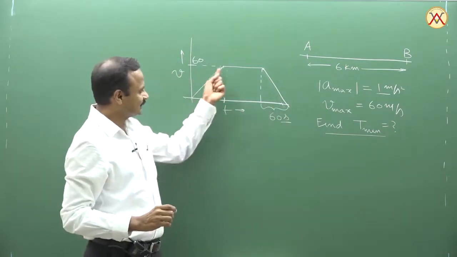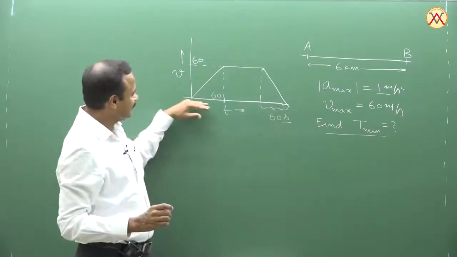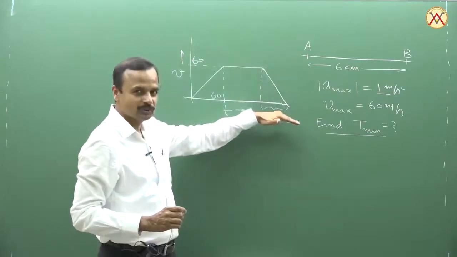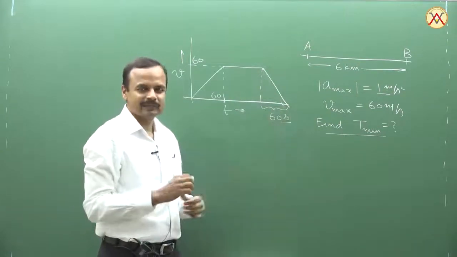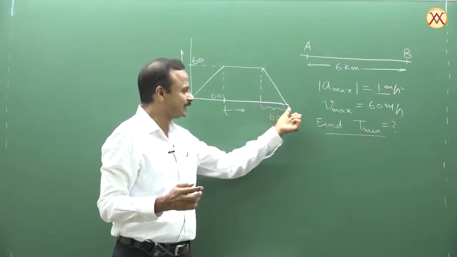Because the magnitude of acceleration, magnitude of retardation are same, and the velocity range is same, 0 to 60. Here it is coming from 60 to 0. The time taken will be same. If you want, you can again use first equation of motion here to get this time.